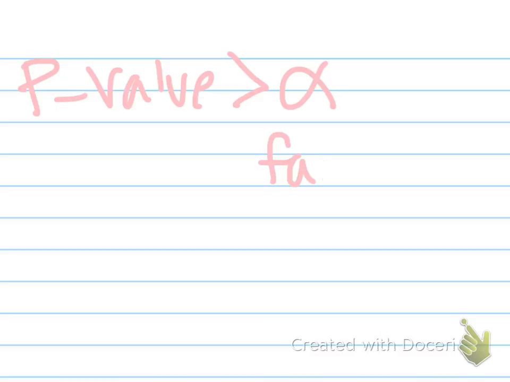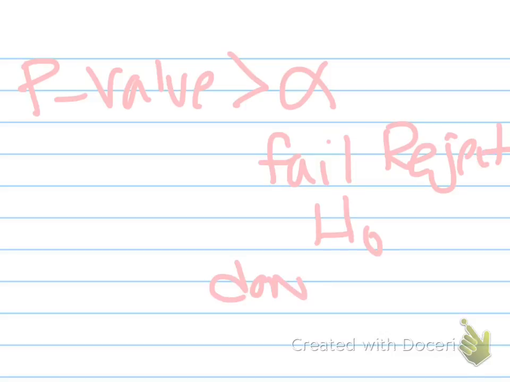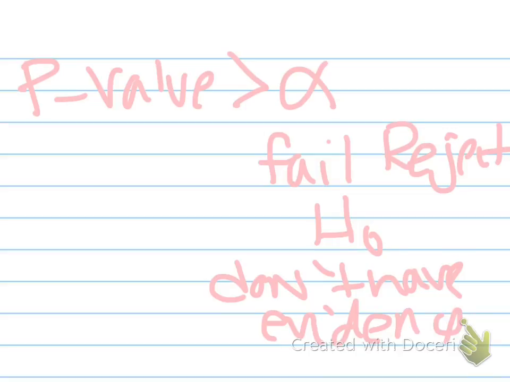If your p-value is greater than alpha, you fail to reject H naught. That means you don't have evidence for HA.